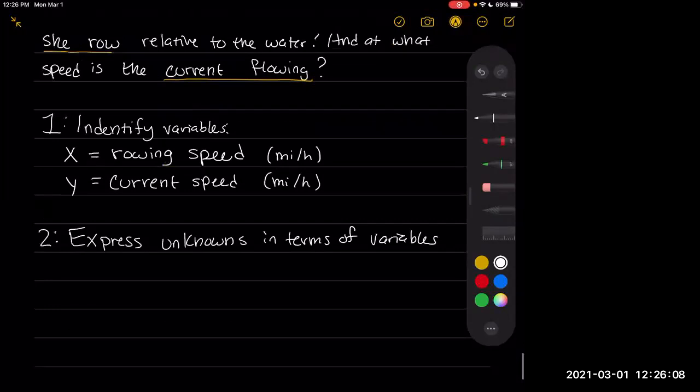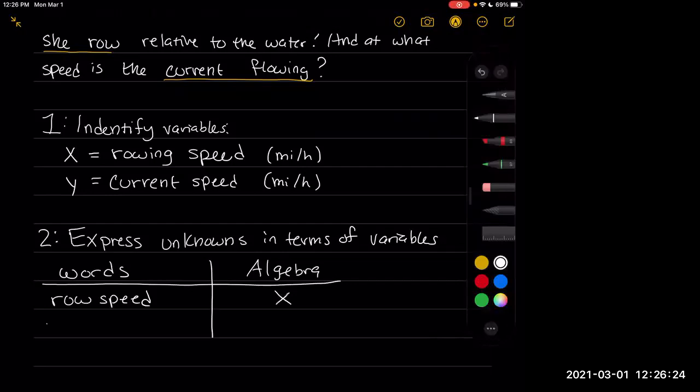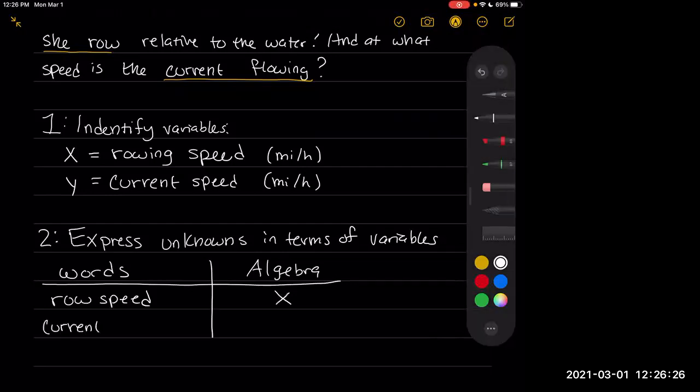So I'm going to create a little table. It's going to be words versus our algebra. So we already know that our row speed is represented by an x, and our current speed is represented by a y.